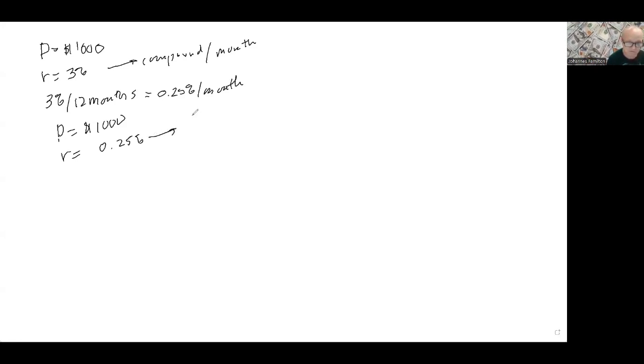But we have to convert that into a decimal. So we have to take the 0.25% divided by 100%, and that's going to give us 0.0025.